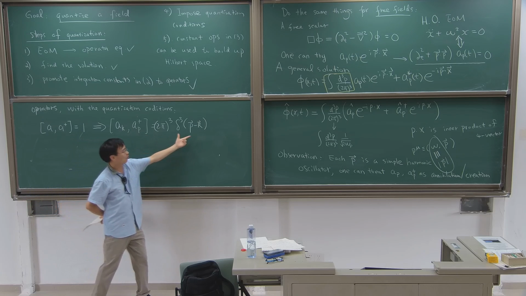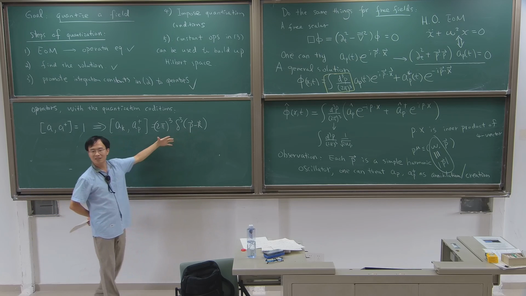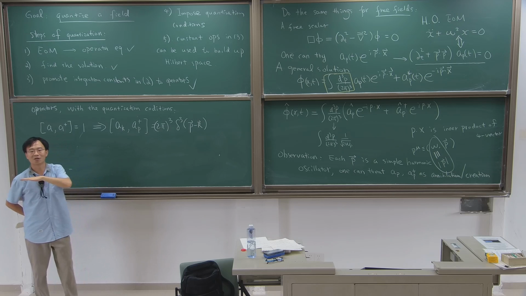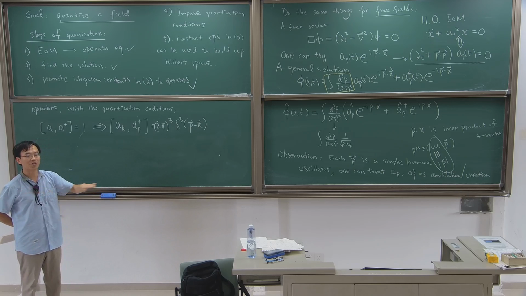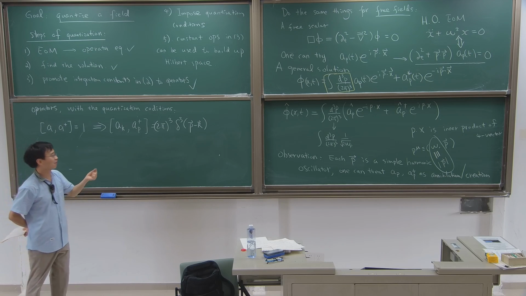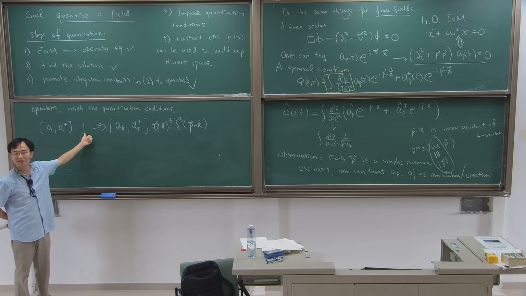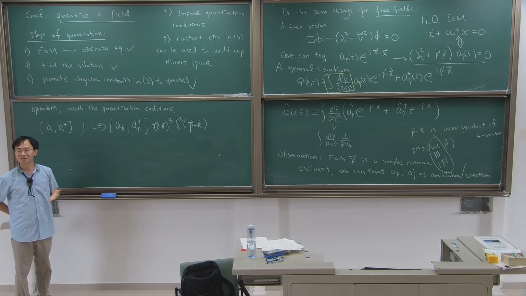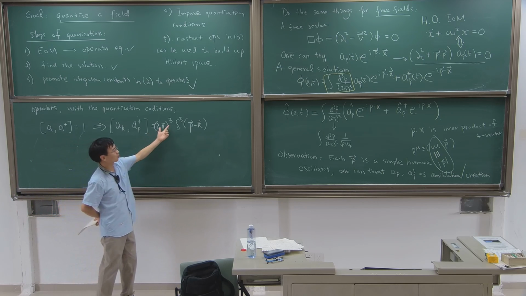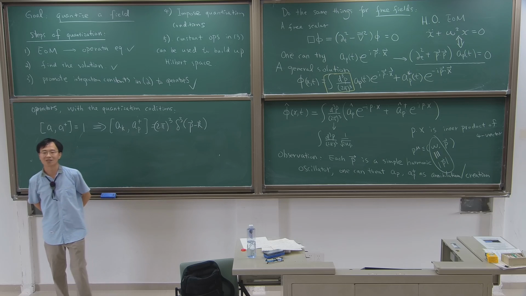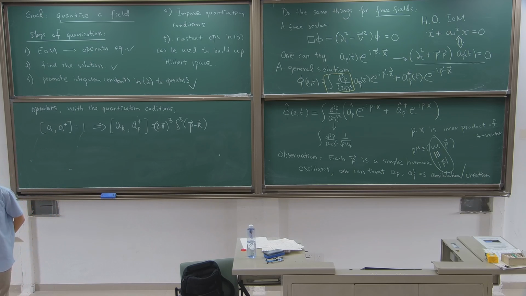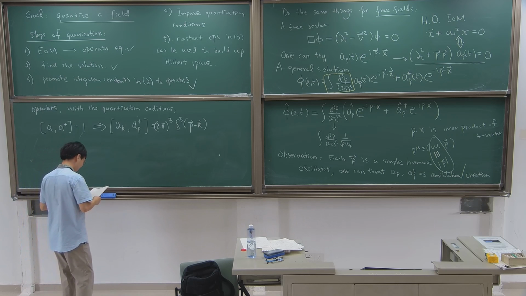Now, you ask me why there's a delta function. Well, you see, this is a continuous space. We're now making everything in the continuum p space. We're trying to identify the right-hand side, something analogous to the identity 1 in this continuous space. The natural choice will be the delta function. And these 2 pi to the power factors are some normalization factor, for convenience, it doesn't really matter. So this will be the correct canonical quantization condition.